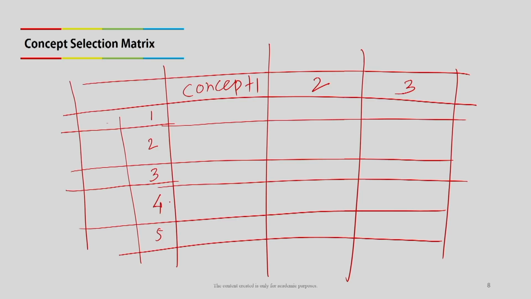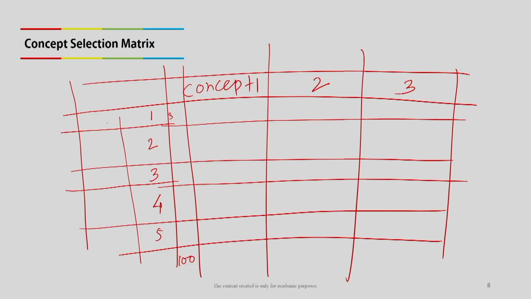It may be that n number of criteria come, okay? And you also have to give them weight. Weight means the total weight should be 100. Based on their importance, you can put weight.